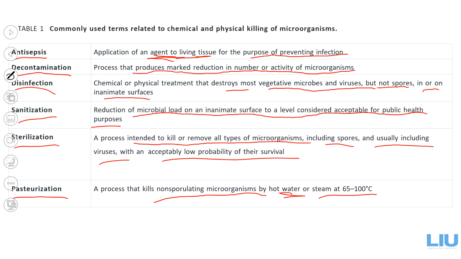Yes. When you mentioned, at least for disinfectant, destroys most vegetative, what is a vegetative microorganism? Okay. I can't remember, to be honest, the vegetative now. Can you check it really quick, Eric? I will. Okay.